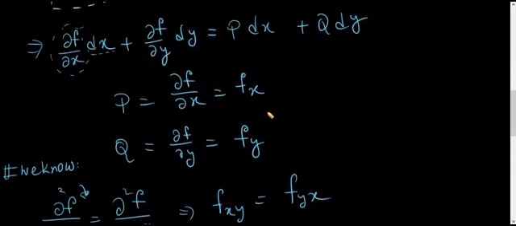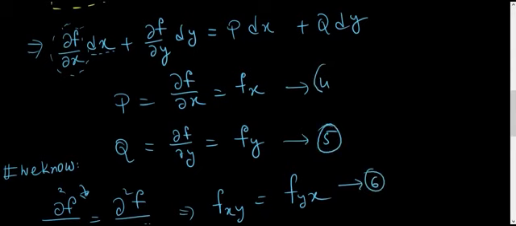Now, using these three informations over here, let's say 4, 5, and 6, our target is to find whether this kind of f exists if the equation is exact, and to check the equation is exact, we will derive one condition that I haven't discussed yet. So if our equation is exact, our ultimate target will be to find that f(x,y) will contain our solutions implicitly.